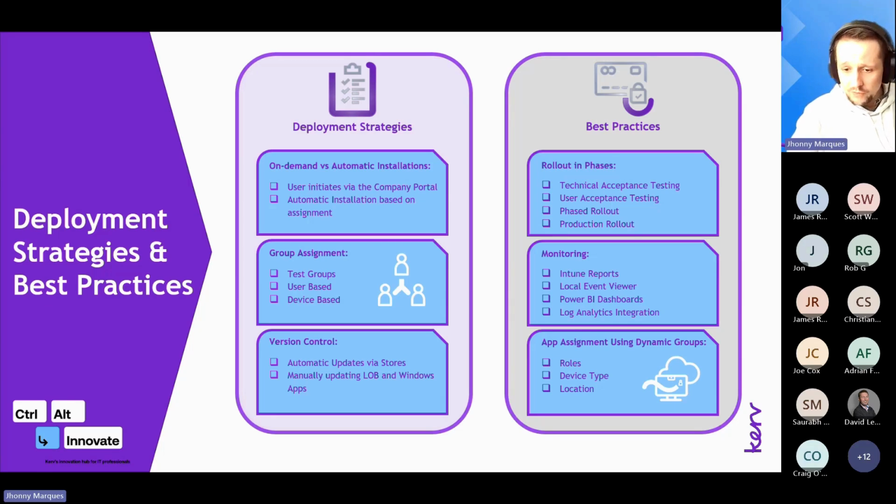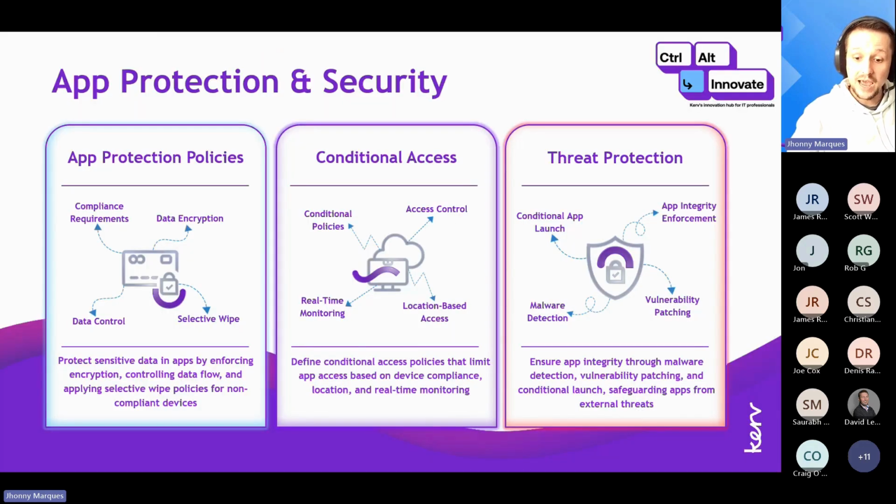Once you've configured your app, you've agreed on your deployment strategy, you've tested the app. How do we protect the apps and the data within those apps? And this is where app protection and security policies come into place.